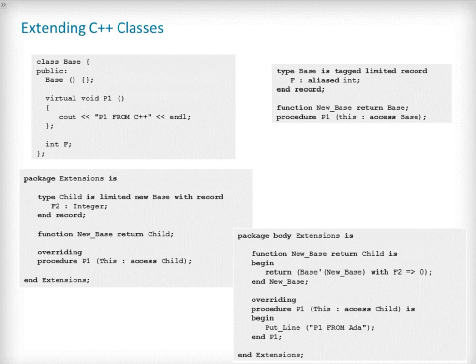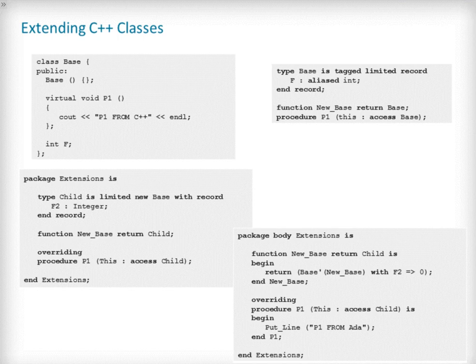A type extension of Base called Child is declared in the extensions package, and note there is no mention of the parent class Base having any association at all with the original C++ class. The Child type adds its own attribute called f2, provides a concrete implementation of p1, and declares a factory-style constructor.